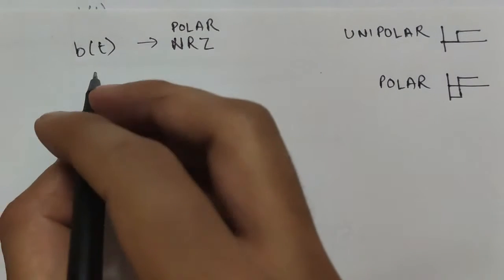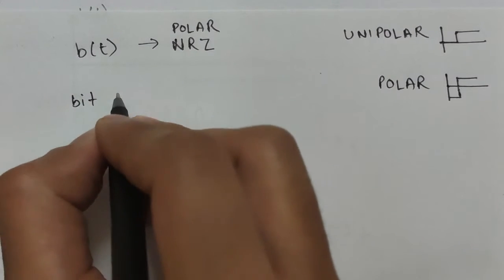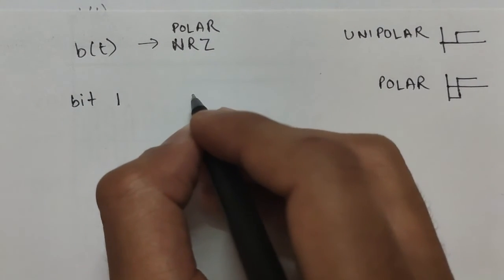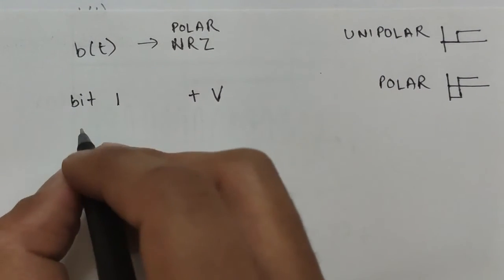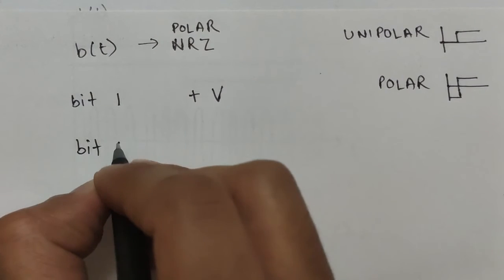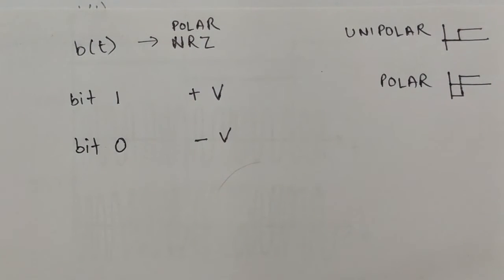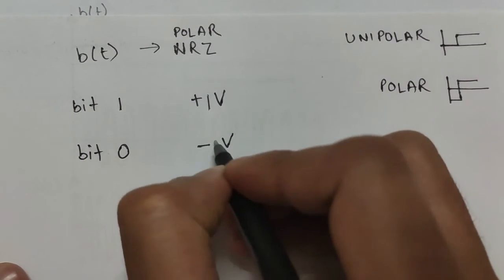Here, if we have bit 1, then we will have a positive volt, and when we have bit 0, then we will have a negative volt. For simplicity, I am taking these voltage levels as 1.